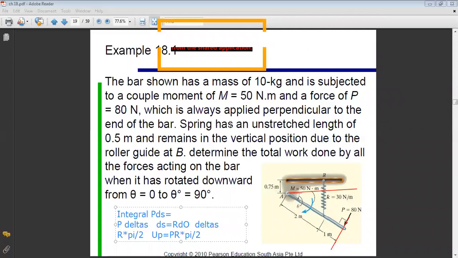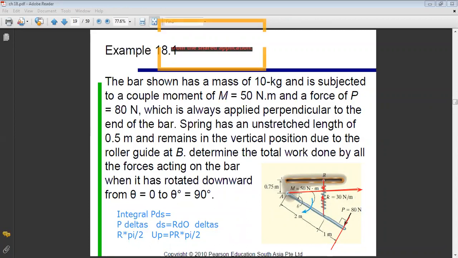I have the spring, okay? I have the spring force. And pay attention to what they said. They say that this spring will remain always in the vertical position because we have the roller guide, okay? So imagine when the bar was horizontal, what was the length of my spring?